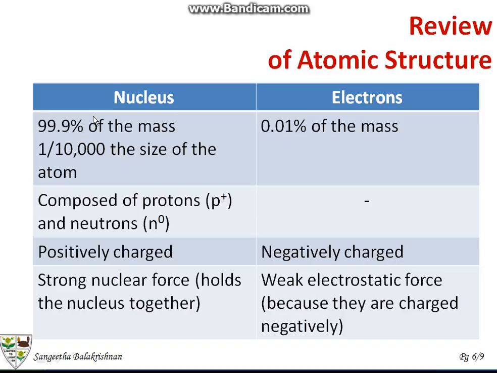The nucleus exists because of the strong nuclear forces. It is these forces that hold the nucleus together, and the electrons revolve around the nucleus in those so-called imaginary orbitals because of weak electrostatic forces. There are of course other concepts to talk about regarding the electrons revolving around the nucleus, but in this lecture we would not be going into that.